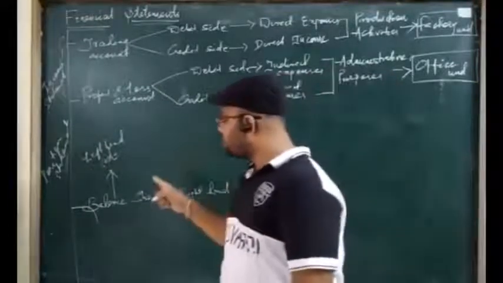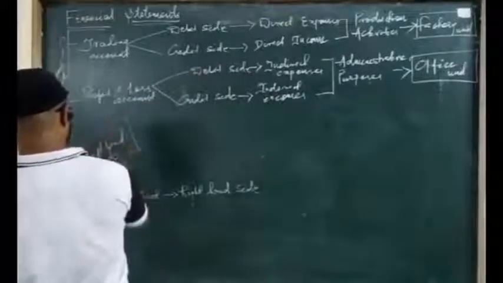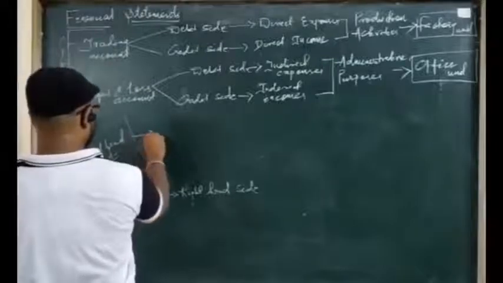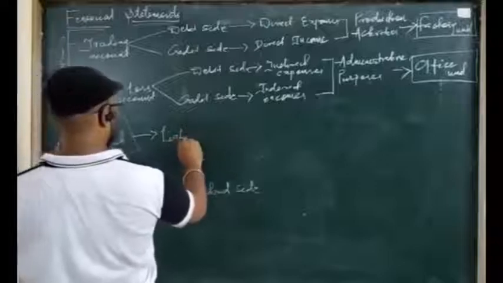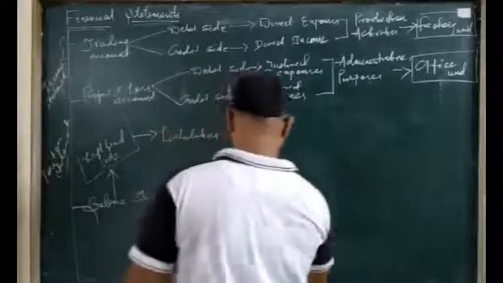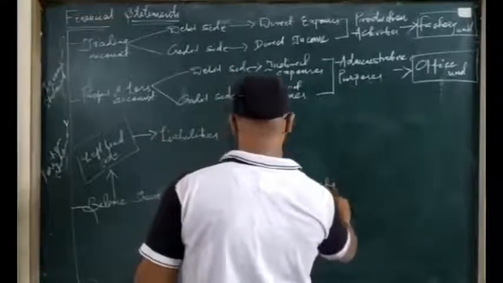So what is posted on the left hand side? On the left hand side of the balance sheet, different types of liabilities are written. And on the right hand side, what is written? Assets. Okay, clear?